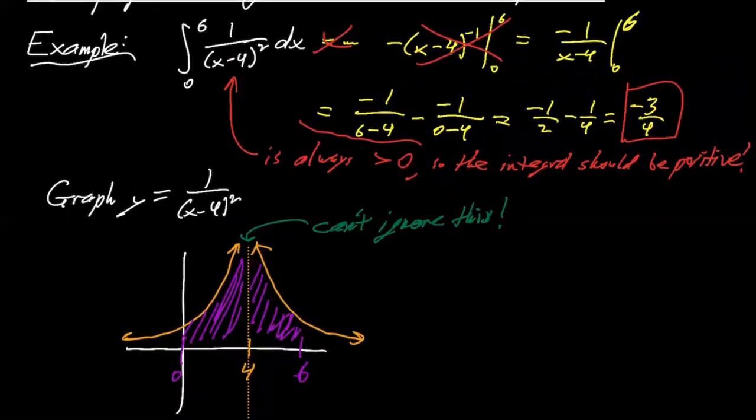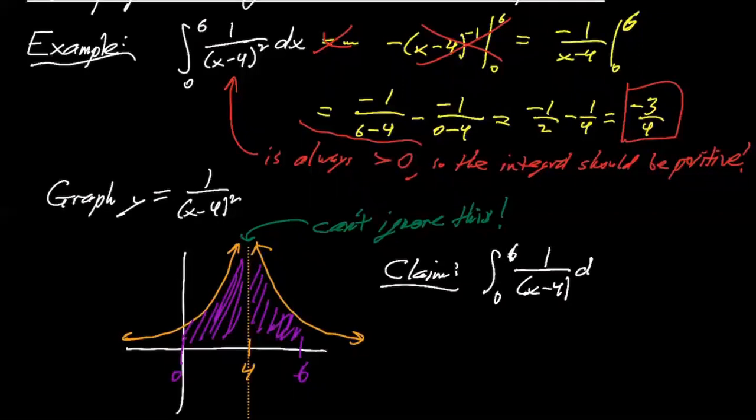I claim that this integral, the integral from 0 to 6 of 1 over (x minus 4) squared, actually diverges.